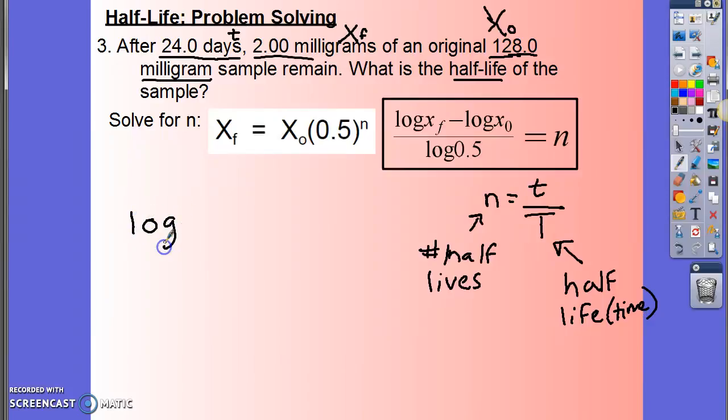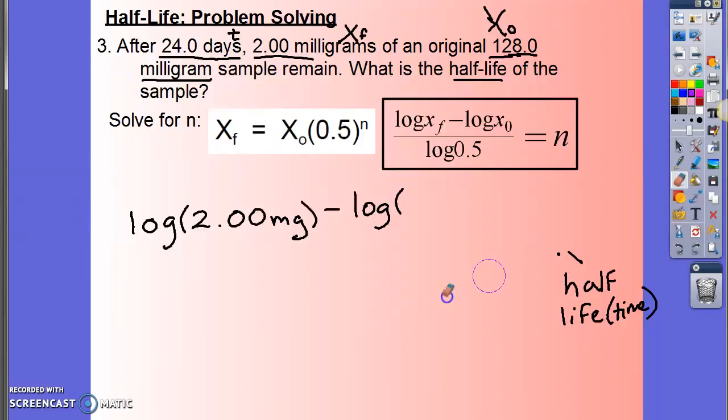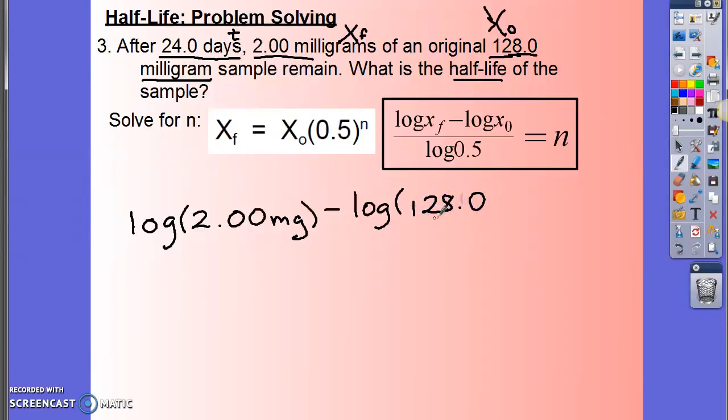Log of xf, which we decided is 2.00 milligrams, minus log of x0, which will give us 128.0 milligrams from what we were given in the question.